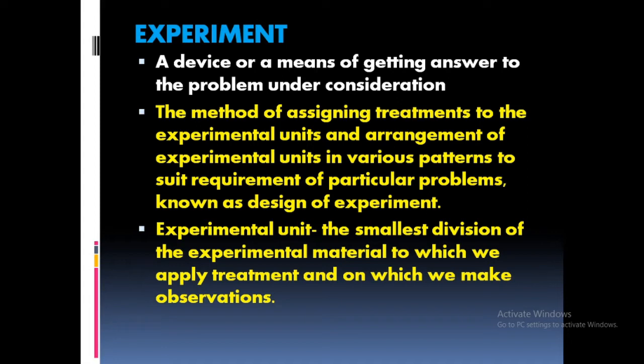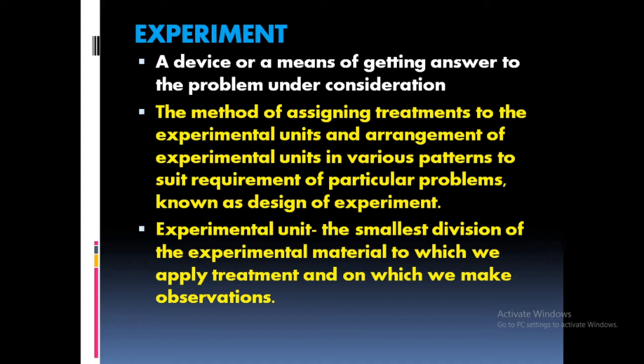So in order to get the answer to that particular question, you have to devise or design an experiment. Clear? So for that you have to study a number of terms. The method of assigning treatment to the experimental unit and its arrangement in various patterns to suit the requirement of particular problems is known as design of experiment.